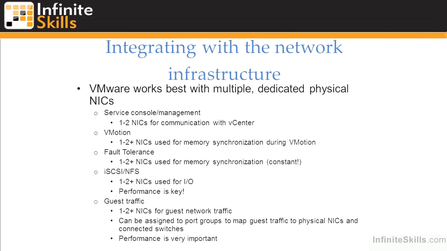We could potentially have dedicated NICs to use for iSCSI and NFS storage access, as well as the NICs that we're actually going to use to host our guest traffic. So all of those things we're going to have to think about. And we're going to have to determine how we're going to use those physical network interfaces combined with virtual switches, combined with port groups and VM kernel interfaces to separate and or aggregate different types of traffic. So take a look at the network videos for more information on that.